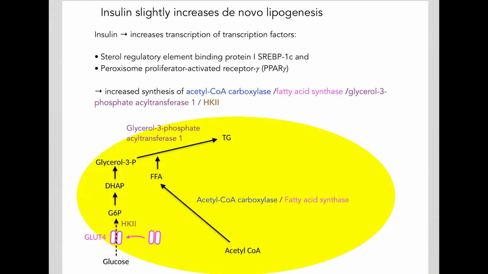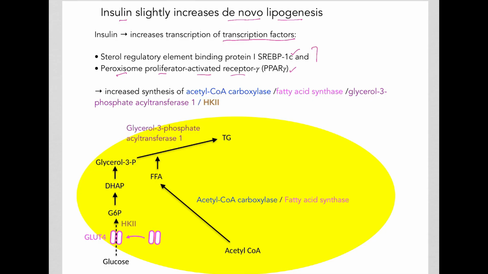There is another minor way by which insulin can increase lipogenesis, and that is de novo lipogenesis. So basically what insulin does here is increase the synthesis, or the transcription, of several transcription factors, especially SREBP1c and the transcription factor PPAR gamma, which is peroxisome proliferator activated receptor gamma.